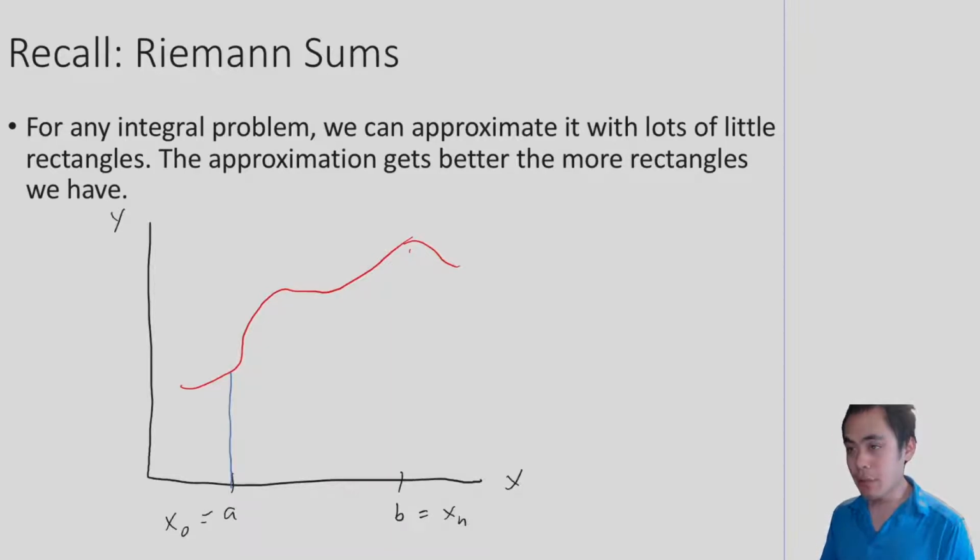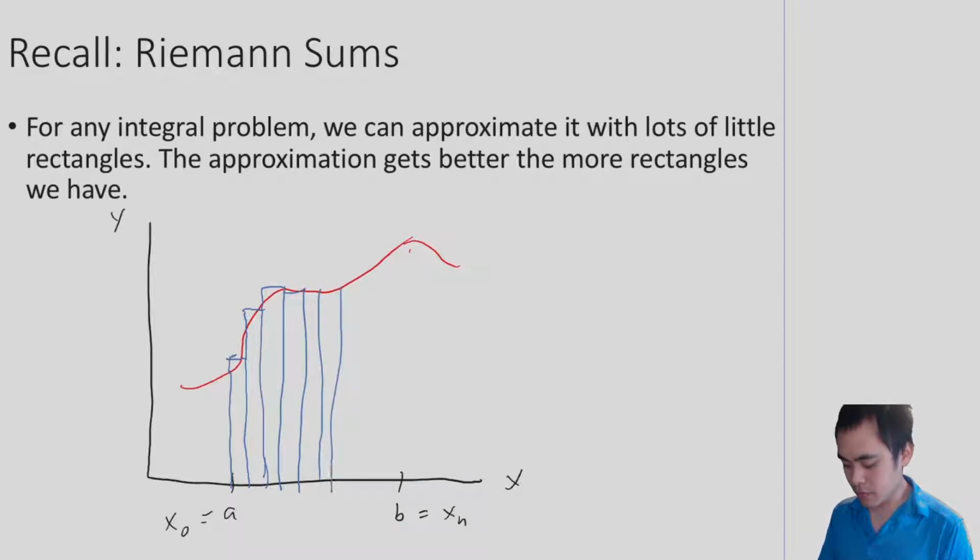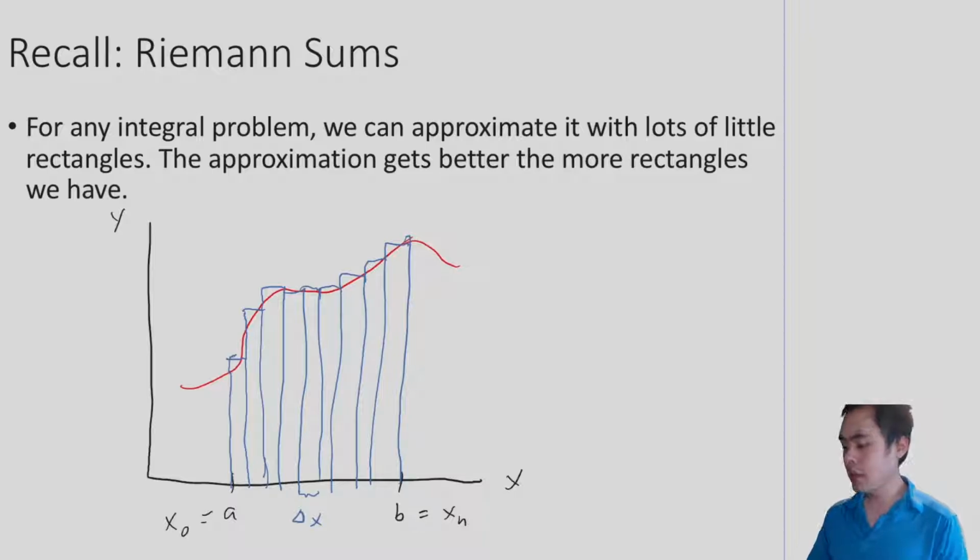Well, then maybe what you do is you take this rectangle. You can just take a bunch of these little rectangles, each of these having delta x size. Let's say this function is f of x.